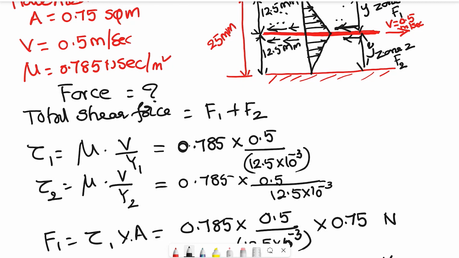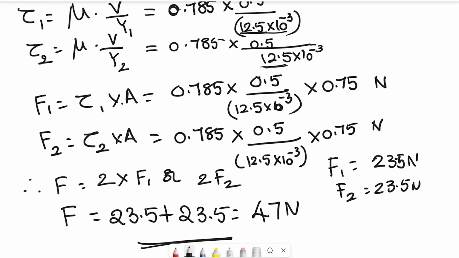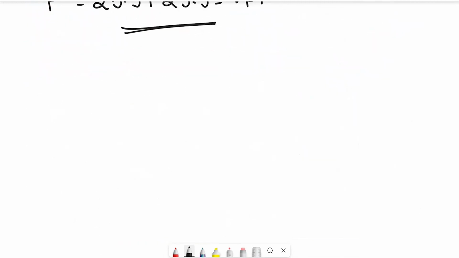That's why I never take it as 12.5, equidistant. If it is different, instead of 12.5 here, it will differ. Apart from that, there is no other change. Whatever the distance in zone 1 and zone 2, we have to put it and solve the problem. So this is an excellent problem that we should remember.